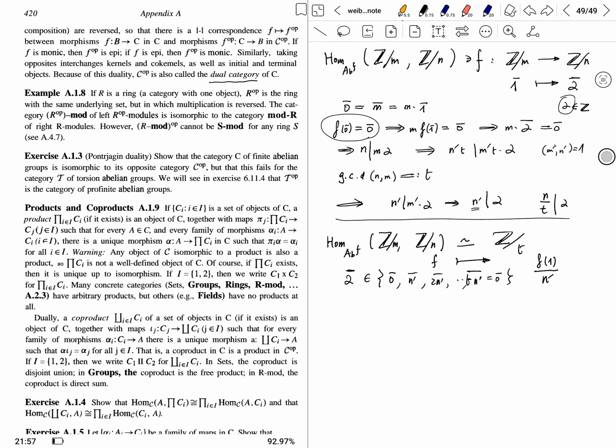So let me be more precise. There is a map by mod t, because t divides n, so this makes sense. This is how you map your f(1). Let me write this to make it more reasonable.